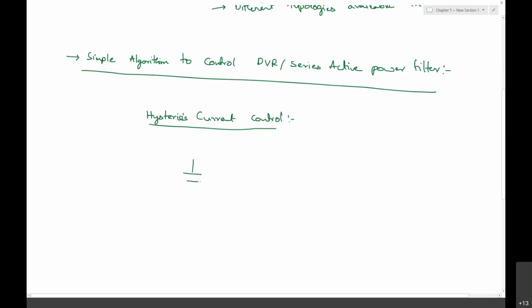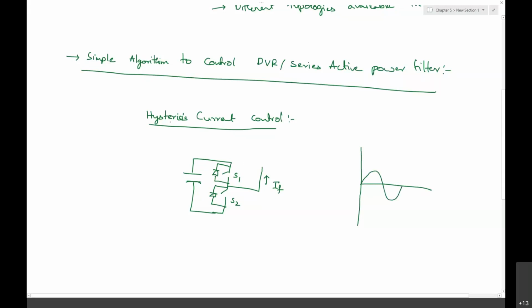For the hysteresis current control, suppose you take a capacitor over here, there is a switch over here, this S1 and this is S2. There is a diode over here, again a diode over here. Here there is a current IF which is going to flow, a sinusoidal current which is going to flow.